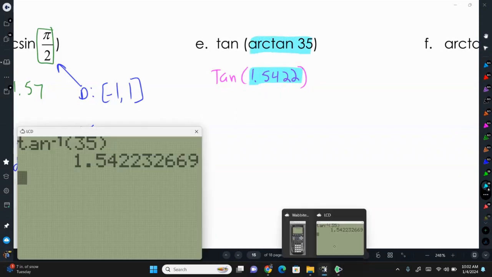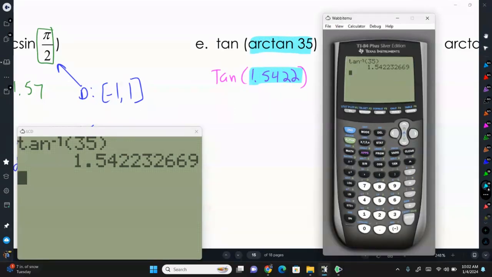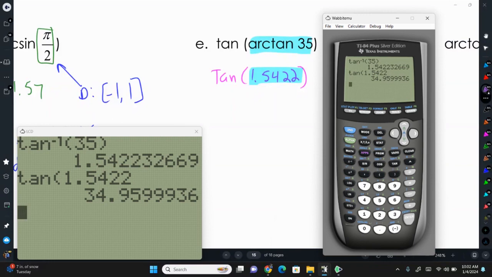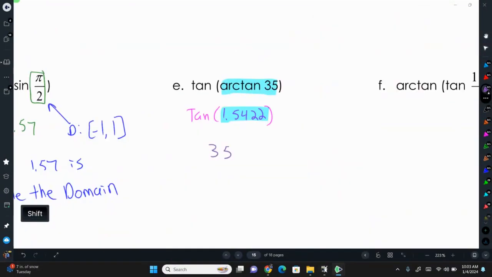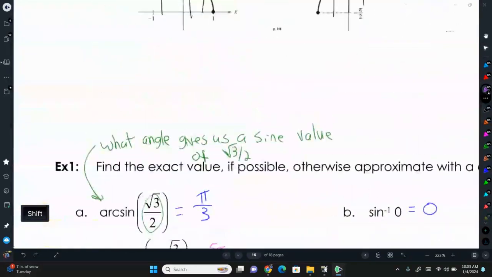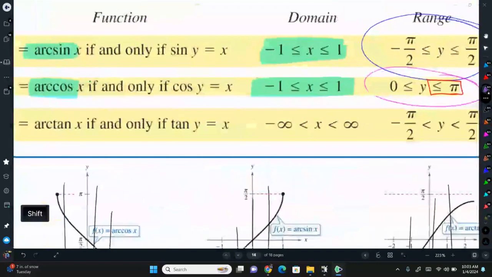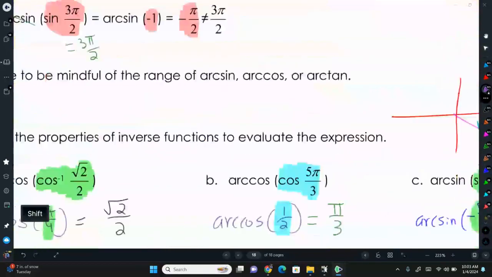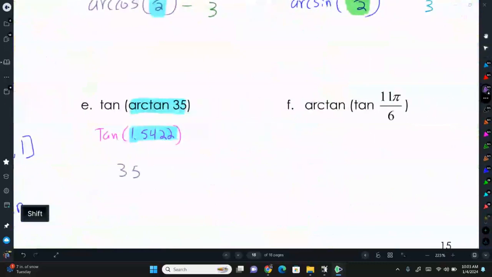So then in the calculator now, I'm going to type in the tangent of 1.5422. So we would round that up to 35. So this one, it did end up canceling off, because remember up here, the domain of inverse tangent is negative infinity comma infinity. We can substitute any value in for that.